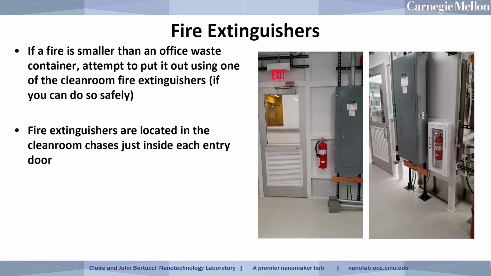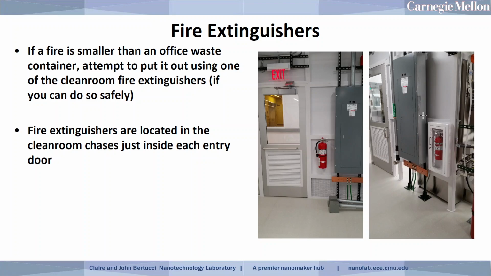The rule from EH&S is if a fire is smaller than an office waste container, so maybe smaller than a 1 to 2 foot diameter, you could attempt to put it out using one of the clean room fire extinguishers that we have in the lab, because that could potentially prevent loss of life and loss of property.